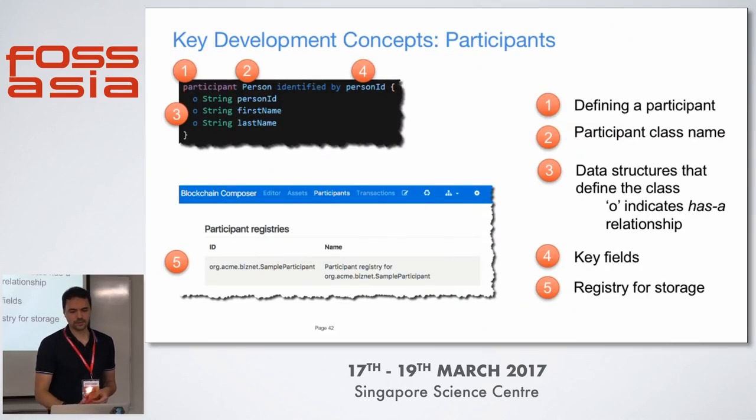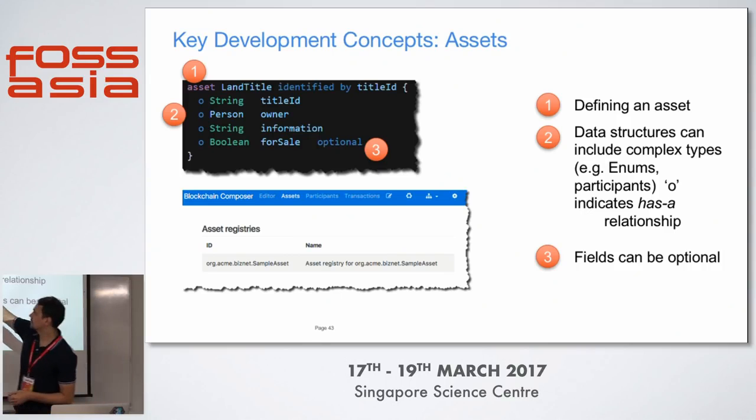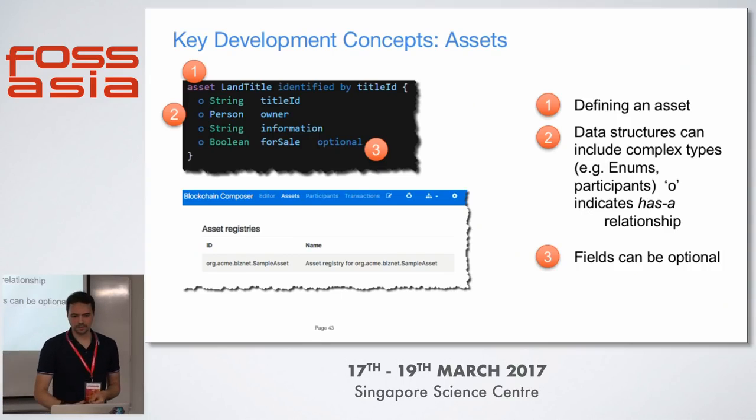So there are a number of concepts that are built into this business language that they use to create the participants of the network first. Like we define them as objects. And it's a Swagger-like scripting language. Then the assets that we're going to put into the vault state. Also, you can see quite simple, just the type of the property, and we can mark some of them optional, etc.